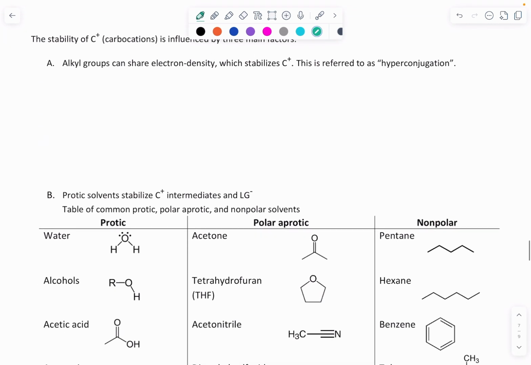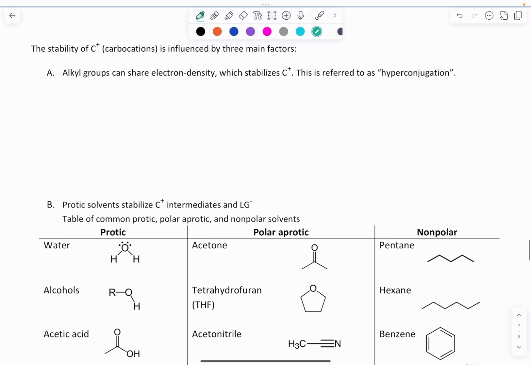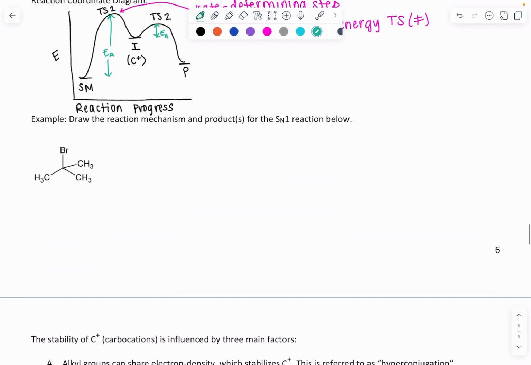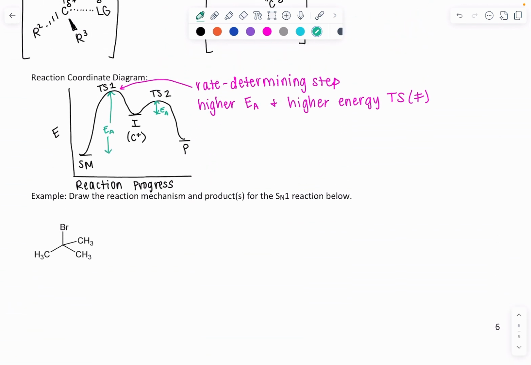Next, we will talk about the stability of carbocations. So this is the intermediate in an SN1 reaction. It's also the intermediate in another reaction type we'll learn about in part 2 of Unit 4. We care about the stability of the carbocation because that's the high energy intermediate.